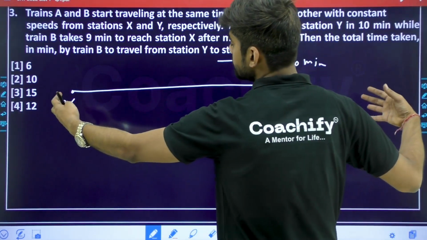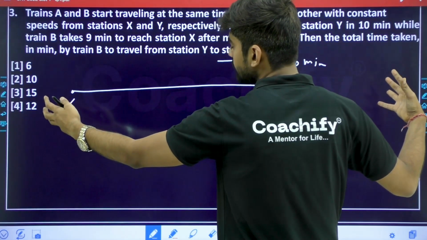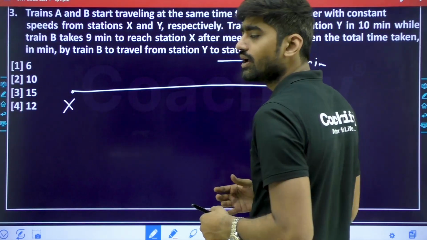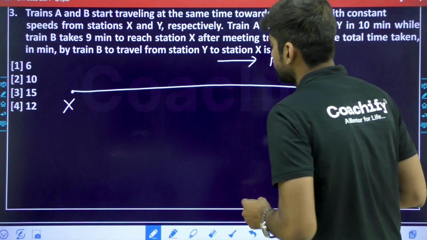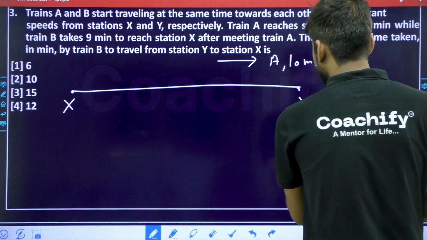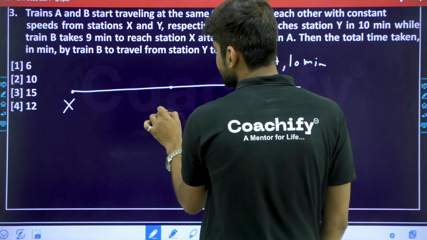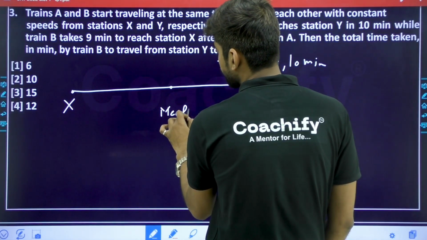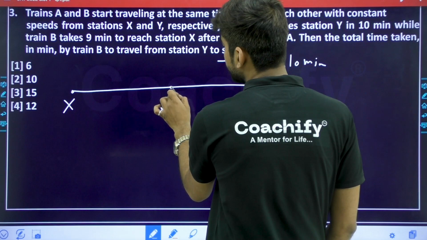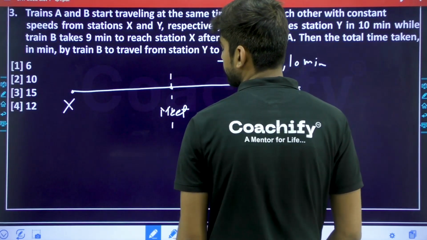When the two trains start simultaneously from opposite directions, definitely they are going to meet at some point in between. So let's say train B started from here and somewhere here lies a meeting point. This is our meeting point where the meeting happened.